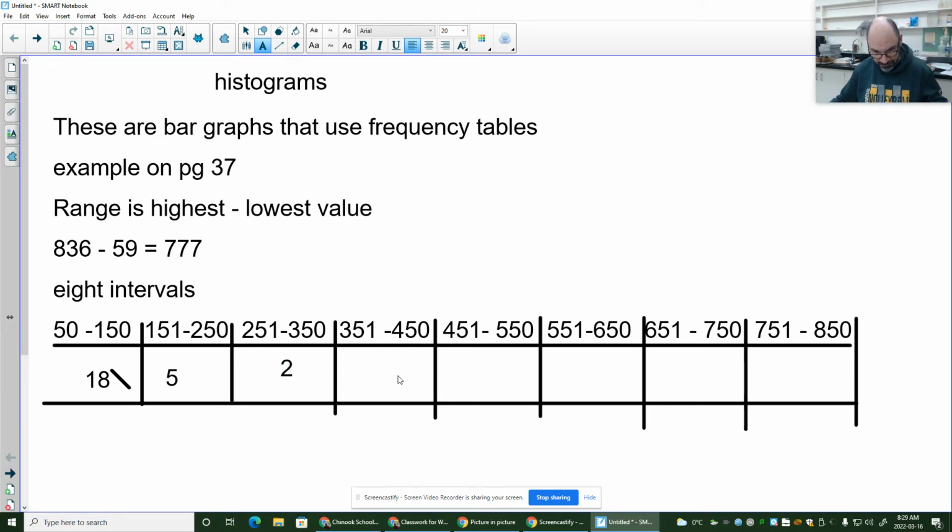351 to 450. So I'm going to go 351. 1. There's only a few left in here. 2, 3. 3 of them.